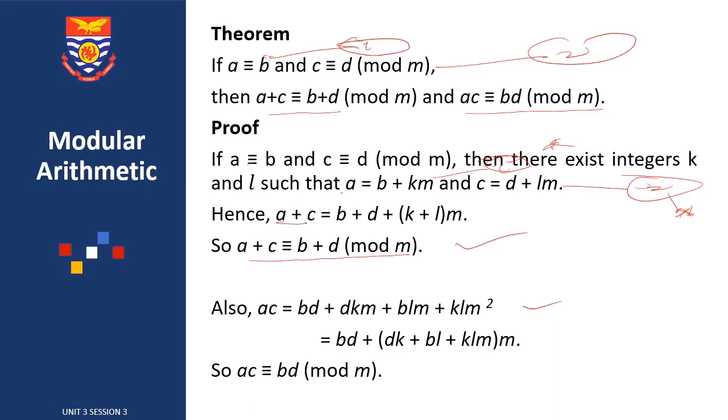You can simplify this expression and get ac ≡ bd mod m, hence we also prove that. This proof is simple and also interesting. Find more useful facts about modular arithmetic in your course outline.